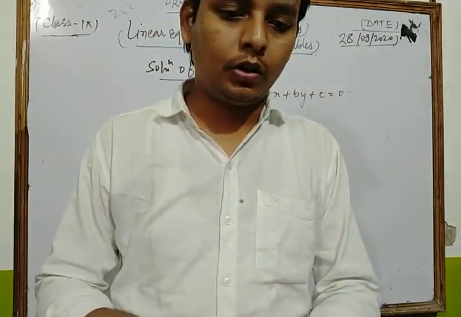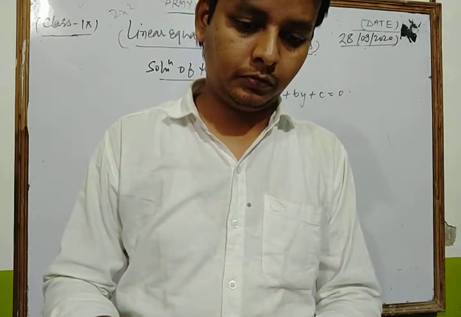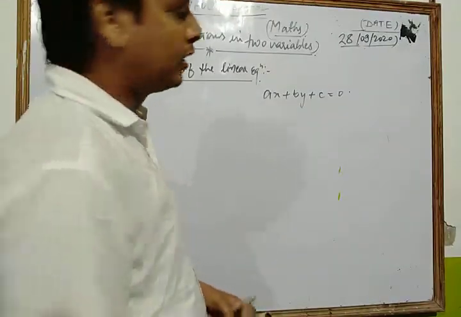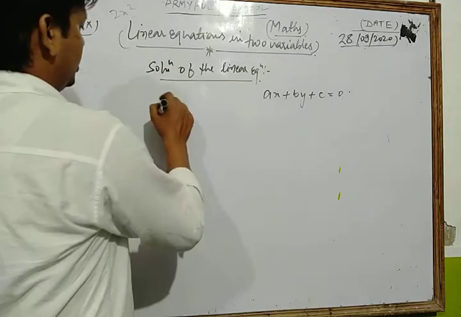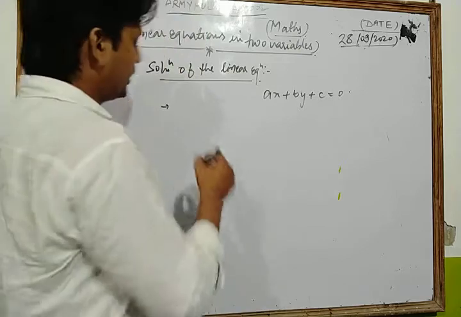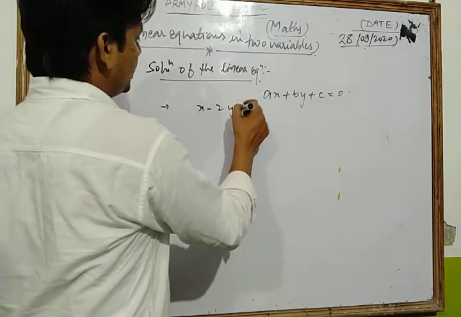Now a question: check which of the following are solutions of the equation. The given equation is x minus 2y is equal to 4.